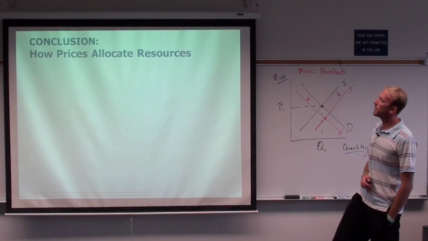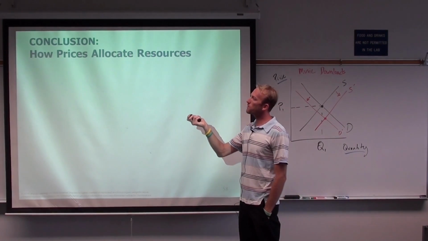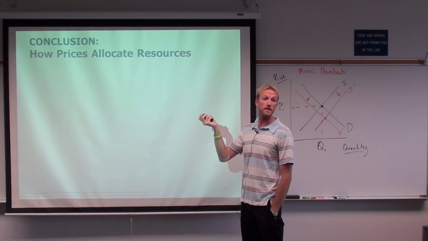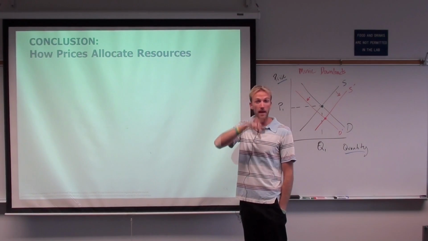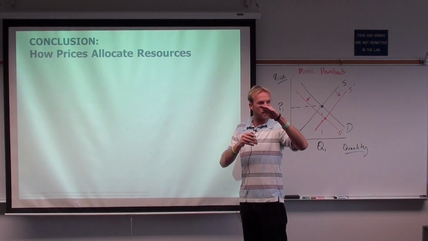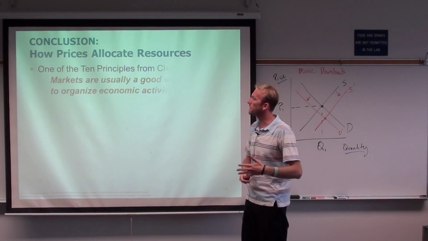Sweet. So in conclusion, it's important to note that we arrive at an equilibrium by the price. It's the price that's moving up and down. And the price naturally falls in this place called an equilibrium, where the quantity supplied is equal to the quantity demanded.